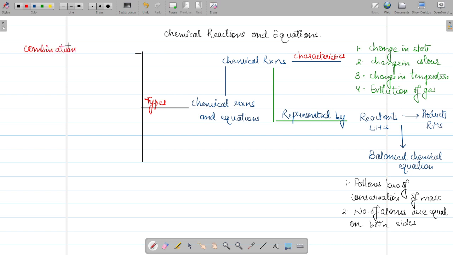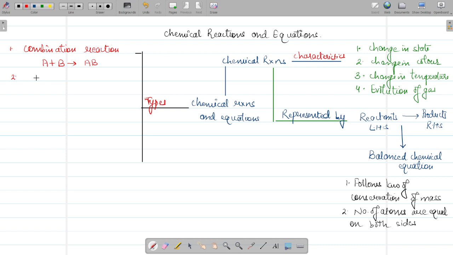When we are talking about the combination reaction, it means that you are bringing two or more things together and getting one single product. Like over here as a reactant, I am having A plus B, and as a product, I get them in a combined form. This is the first type.